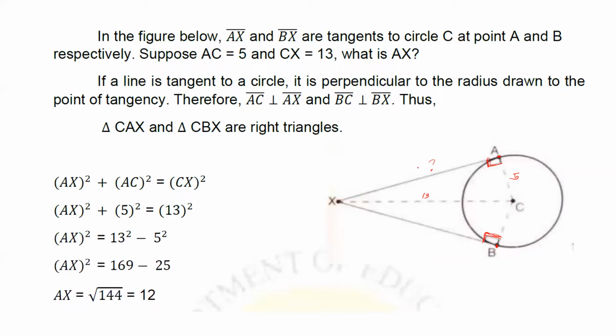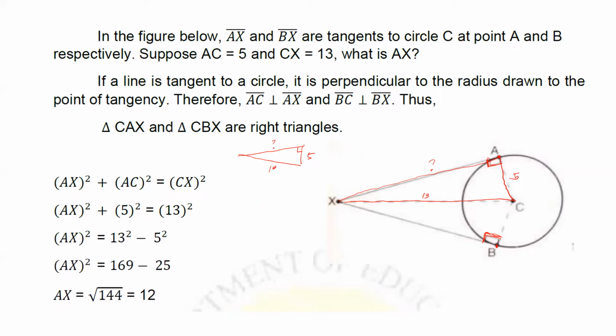Now, the question is, what will be the value of AX? As you can see, we formed a right triangle. Let me redraw this right triangle. This is 5 and this is 13. What would be the measure of this?